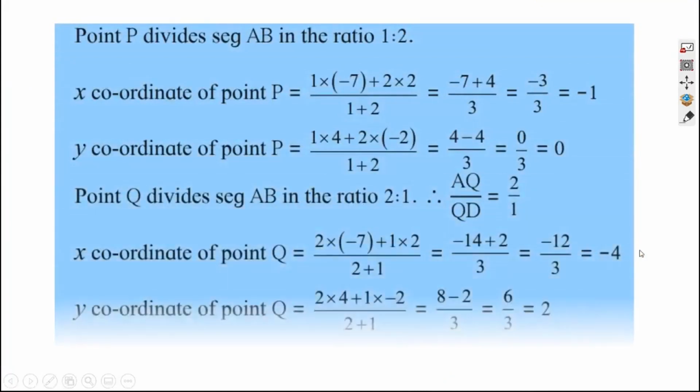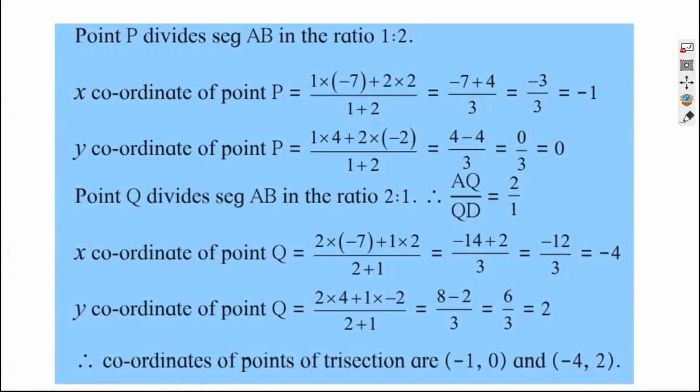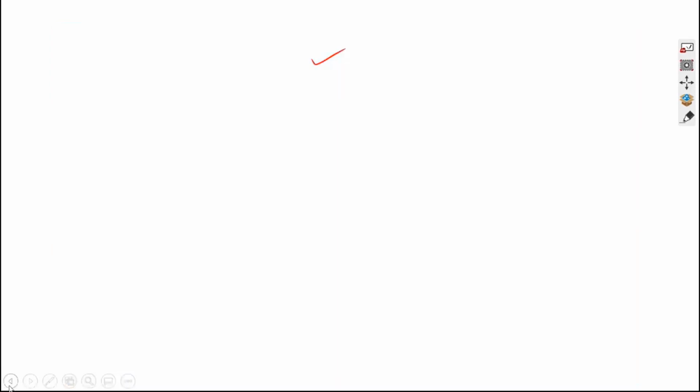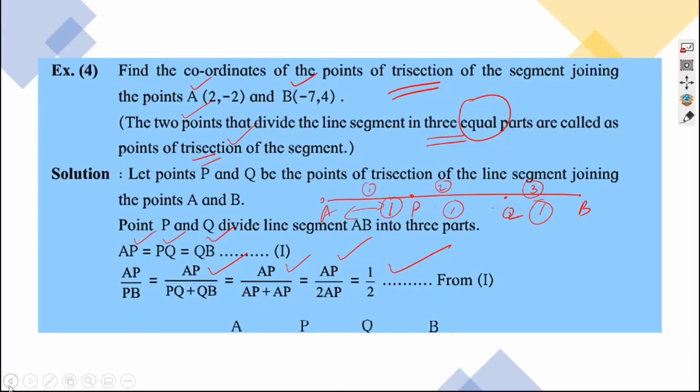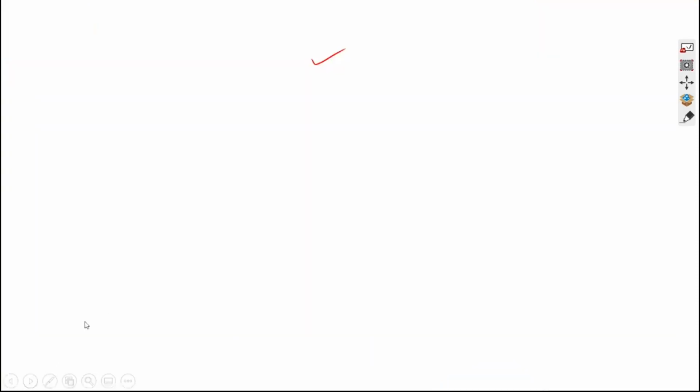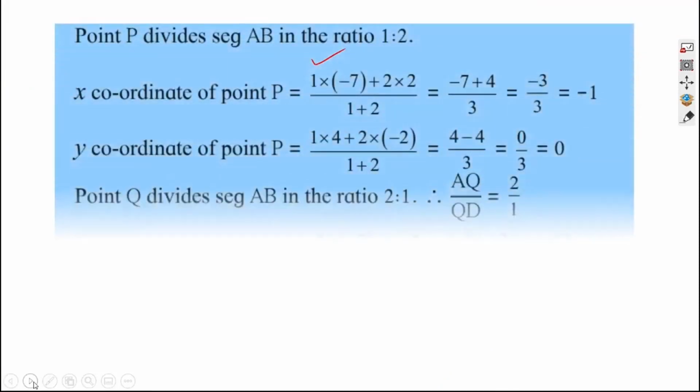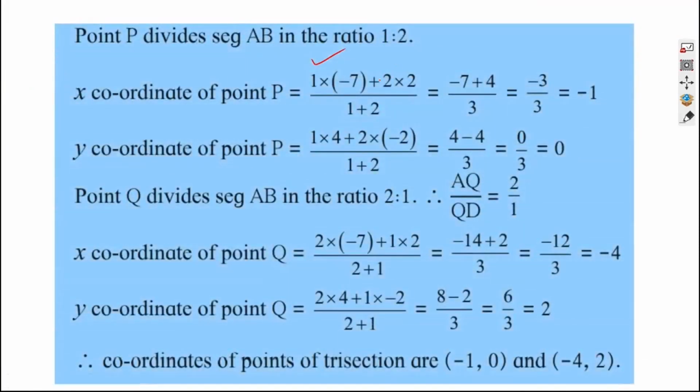The point divides segment AB in the ratio 1:2. So we got the ratio, and we have the coordinates of A and B given at the beginning itself. If A and B are given, you can find out P, because you know the ratio is 1:2. So that is what we are doing here. We have the ratio 1:2, so m plus n is 1 plus 2, then 1 into minus 7, and so on, applying the formula.